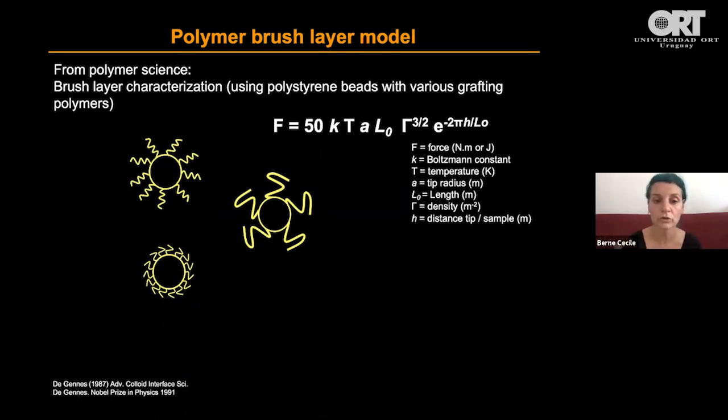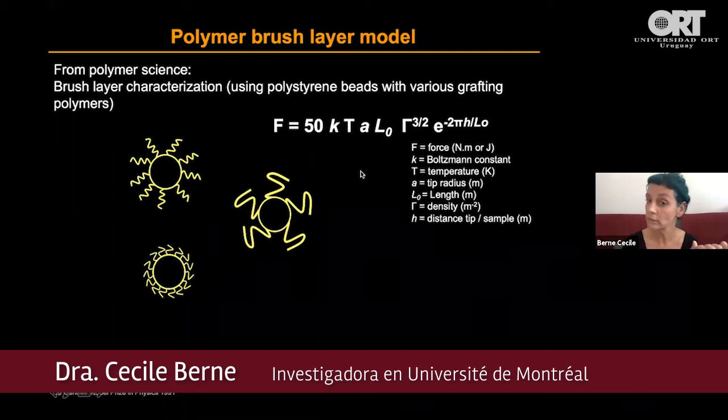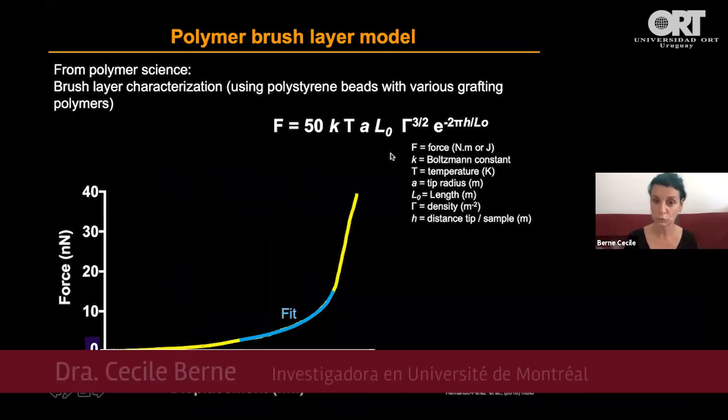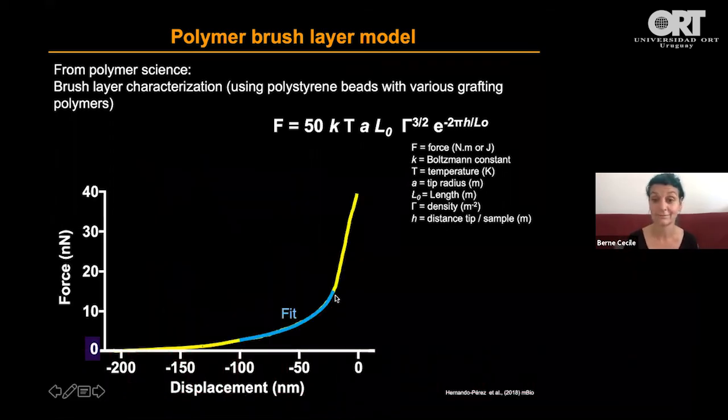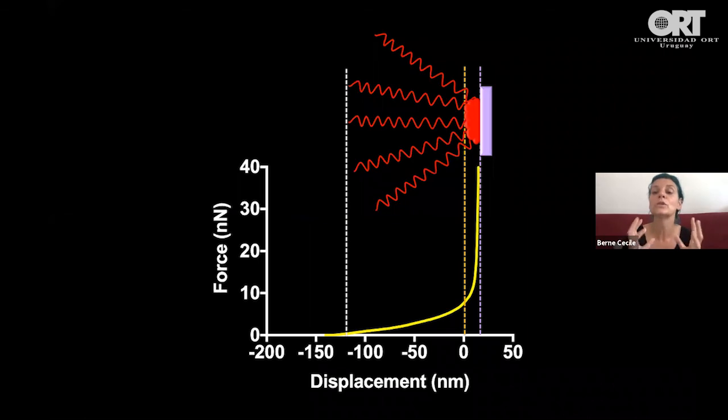They came up with this equation. I'm not going to go into any detail about those equations, because first, I don't have time, and second, I don't understand this equation. But if you fit this equation to my data, it fits, which means I've got a model to explain my data, and which means that my Holdfast has a polymer brush.